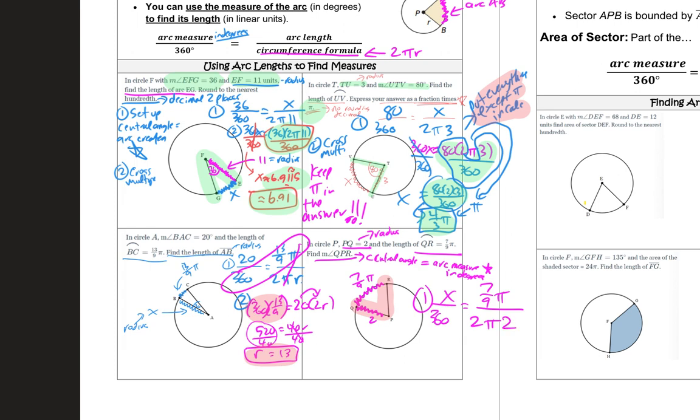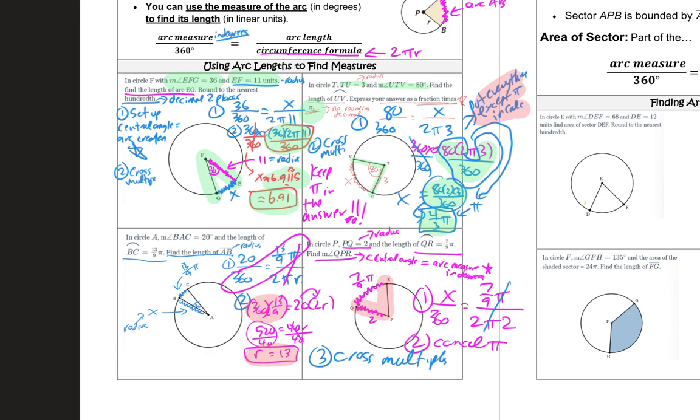Okay, next we have to solve. So what we're going to remember is we're going to cancel the pi. If we look right over here, the pi right over here, we can cancel that out. Now we're going to cross multiply.